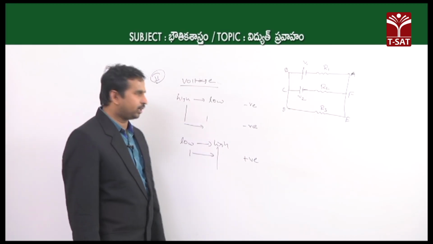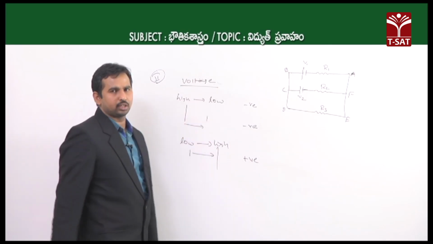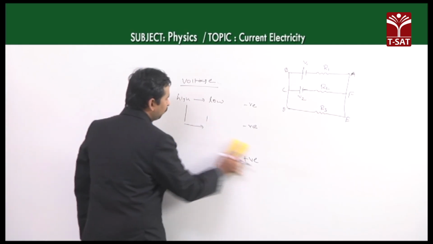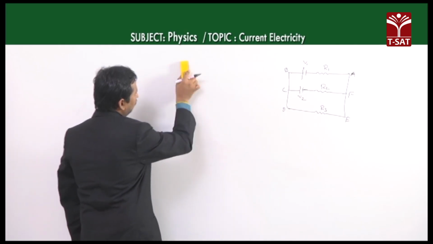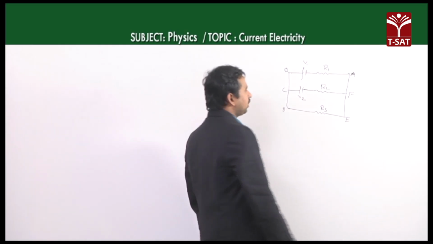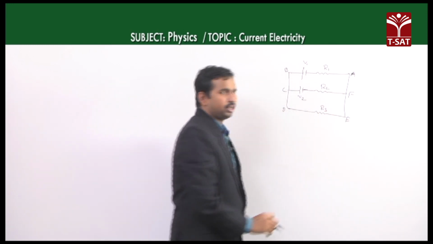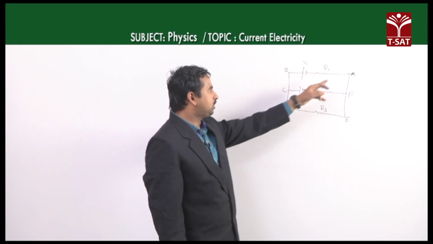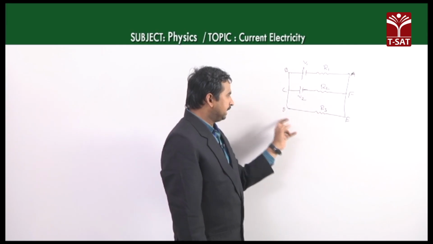Okay. Now, following these 2 sign conventions, we are applying Kirchhoff's second law for the given small circuit. Whenever you are choosing your closed circuit, let us say for example, in this case we are having a closed circuit here, A, B, D, E, A. In that again we are having 2 small closed circuits, which are ABCFA and FCDEF.